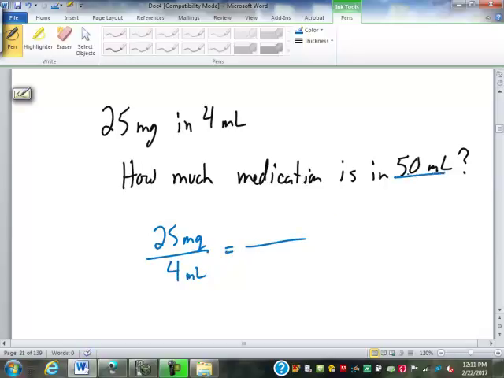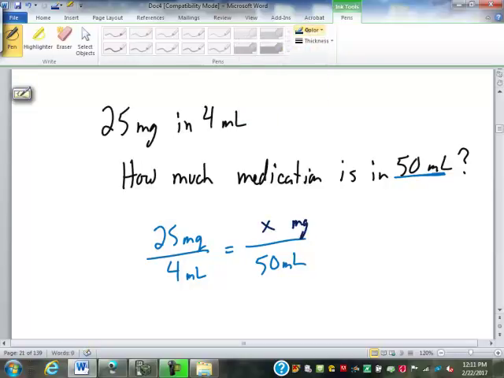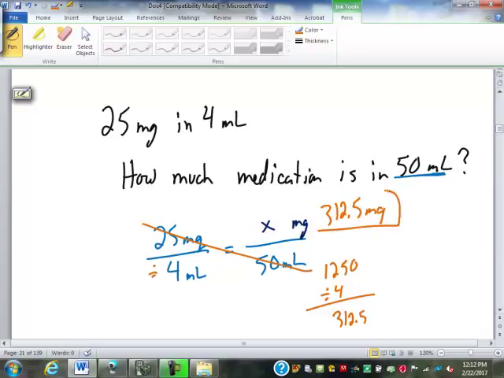On the other side, the 50 milliliters has to go with the other milliliters, so it has to be on bottom. How much medication? This is going to be milligrams. We will cross multiply and divide. 25 times 50 is 1,250. Divided by the 4 is what? 312.5. So 312.5 milligrams of medication in 50 milliliters of solution.